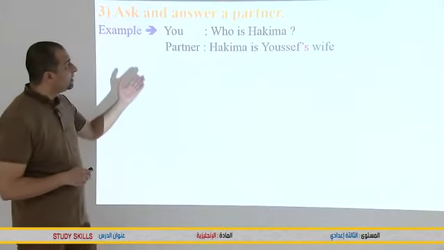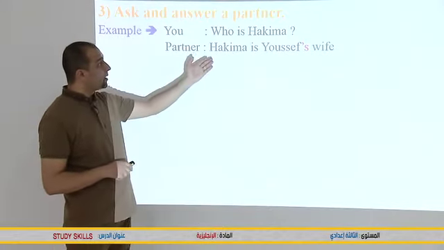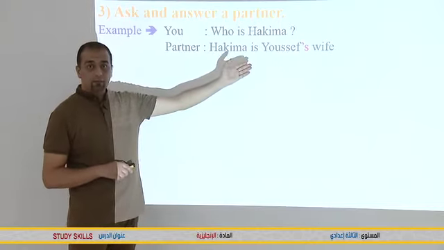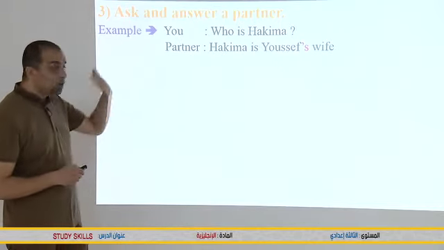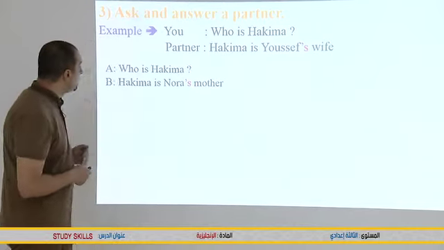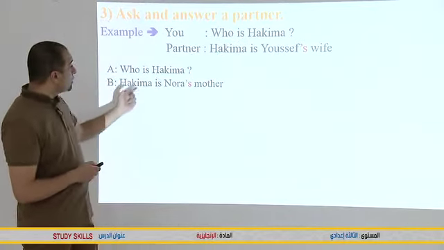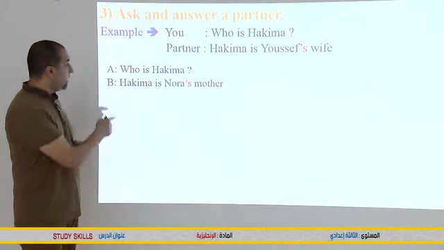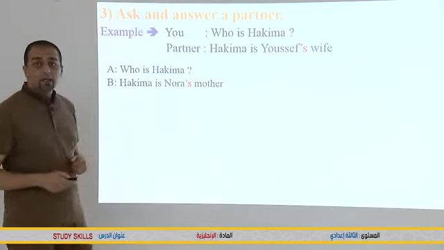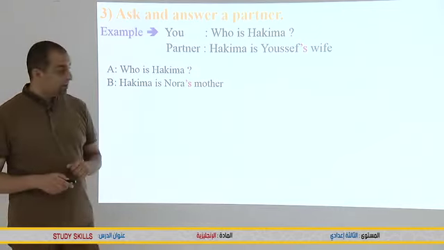I repeat, who is Hakima? Hakima is Yusuf's wife. Another question and answer. Who is Hakima? The same question, but in relation to Nora. Hakima is Nora's mother. Another example.